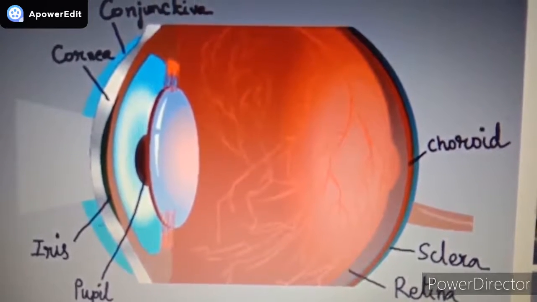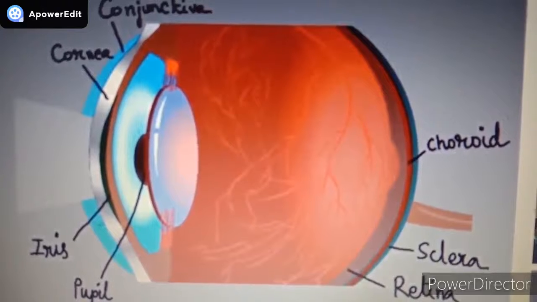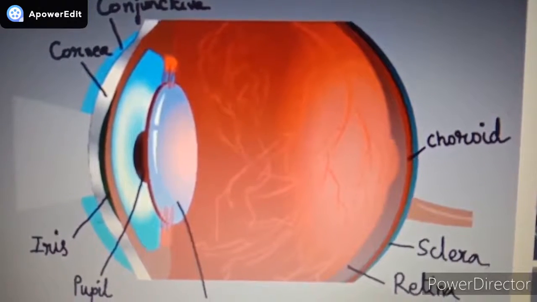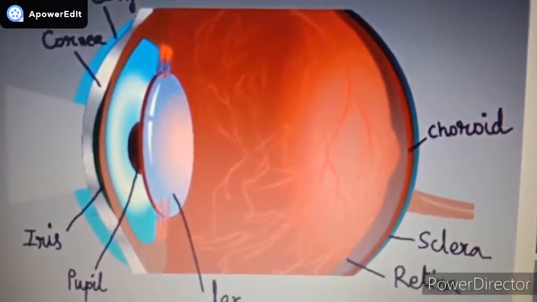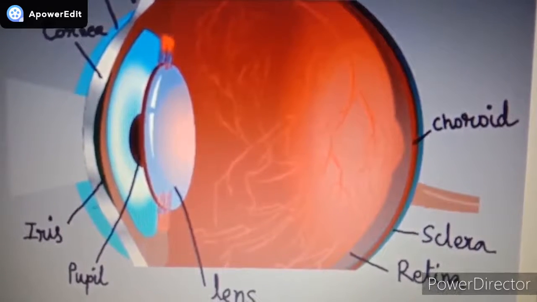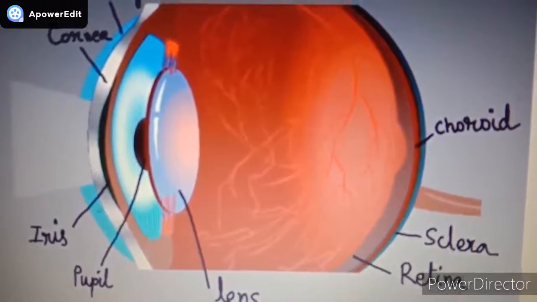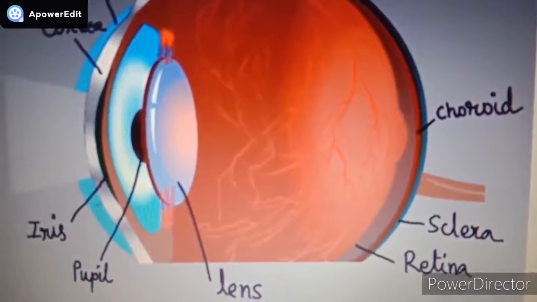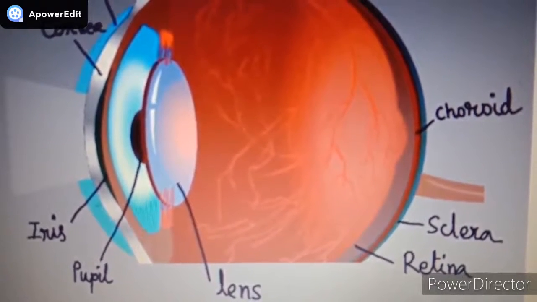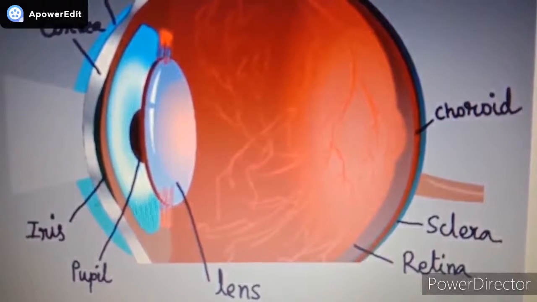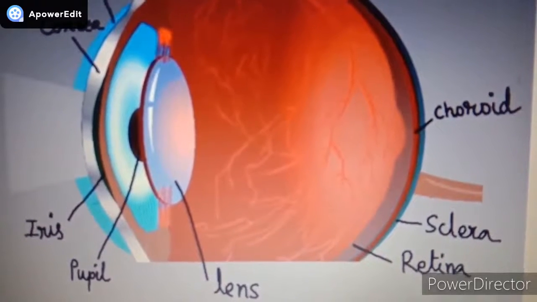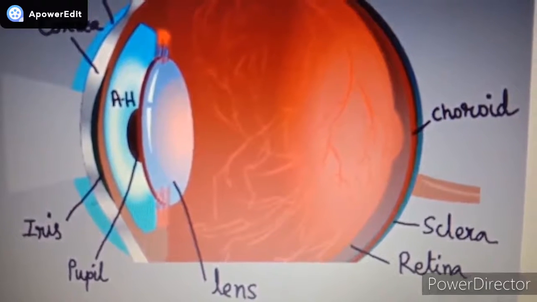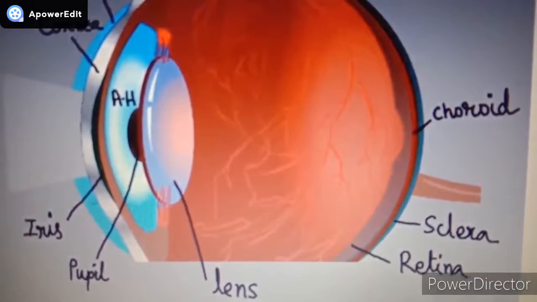This is the lens which focuses the image just like the lens of a camera. So the lens of the eye, you can see in the diagram. Now the lens divides the eye into two chambers, the aqueous chamber and the vitreous chamber. The aqueous chamber is full of a liquid known as aqueous humor. I already discussed this with you in the video at the start.